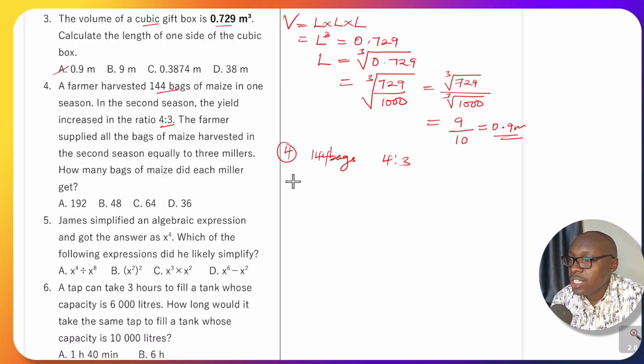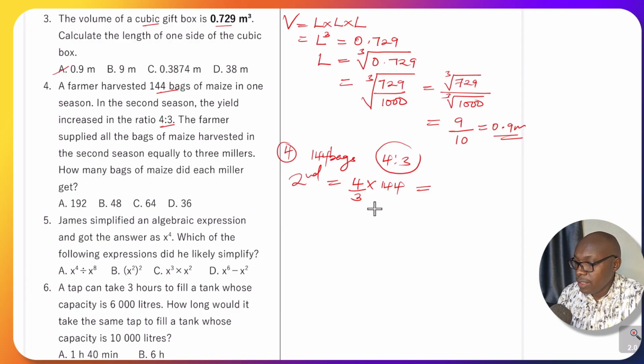So in the second season, when you're increasing 144 bags in the ratio 4:3, we give the ratio as 4/3. That is how we increase. Then multiply by 144 bags. This will give us the new number of bags after the increase.